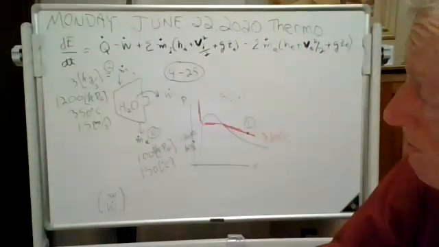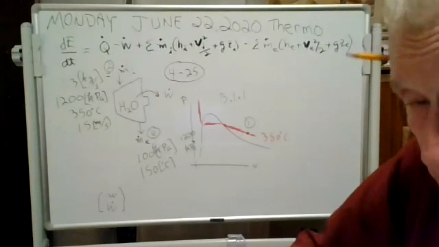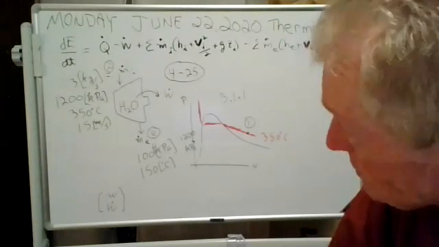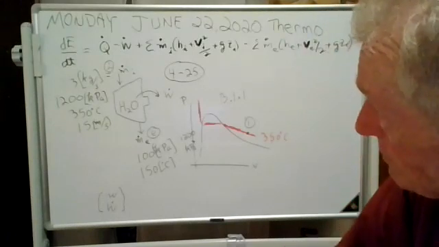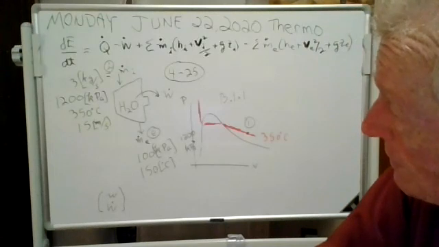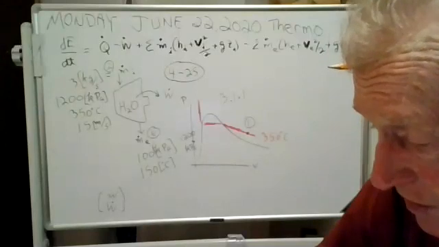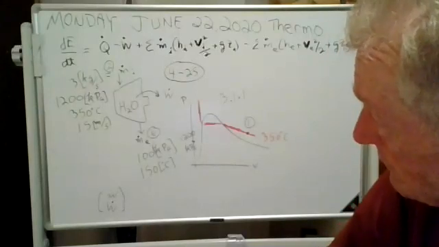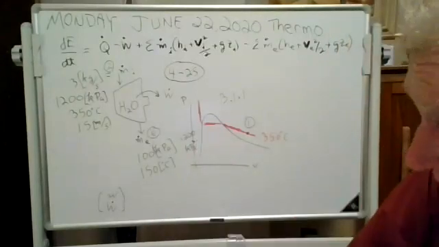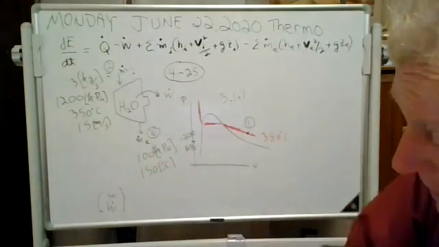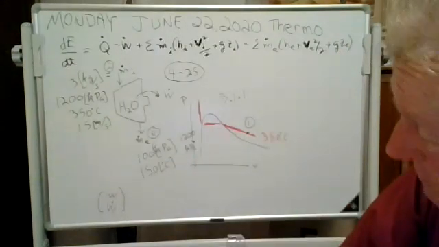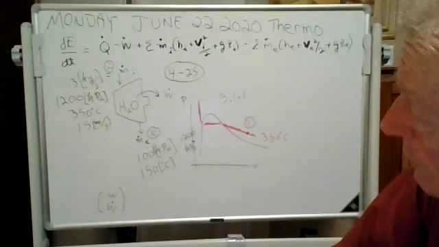So the rule is, if you have a process, and we do, we're going from state 1 to state 2, then you must draw the process on a PV diagram. Well, here's our PV diagram. You don't do the one with the ideal gas because we don't have an ideal gas. But where is state 2?